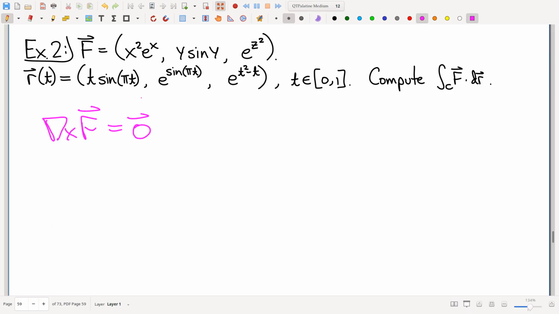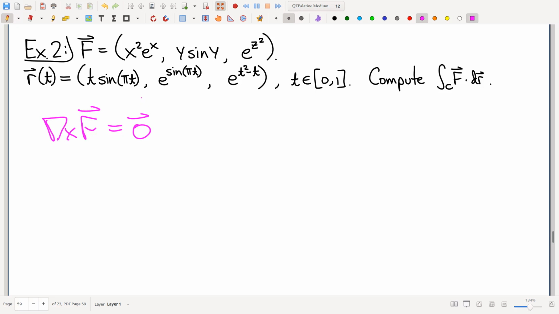There's only x's in the first component, right? And of the 6 different partials, only 2 of them are going to be done to this thing, the y partial and the z partial, which are therefore 0. Likewise, only x and z partials of this thing. Only x and y partials of this thing. They're all 0. So at a glance, curl equals 0.